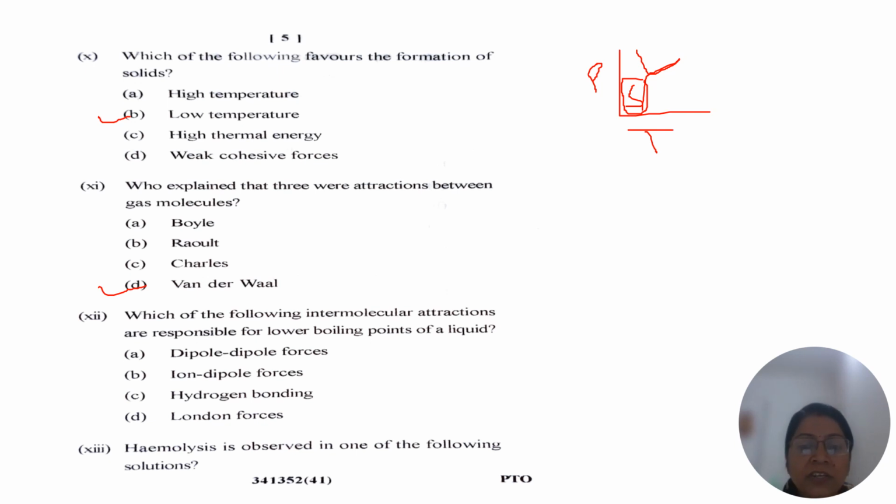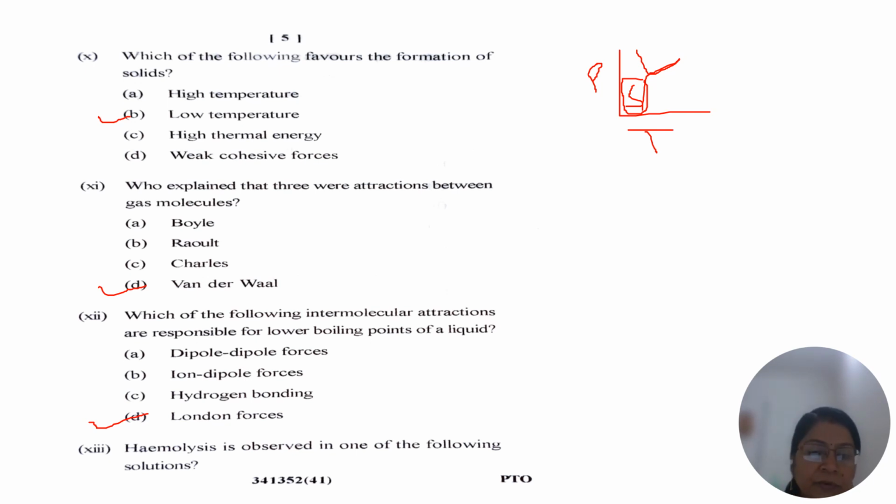Which of the following intermolecular attractions is responsible for lower boiling points of a liquid? Lower boiling point means the liquid has weaker forces of attraction, and out of these four, the weakest force of attraction is London forces. So London forces are responsible for the lower boiling point of a liquid.